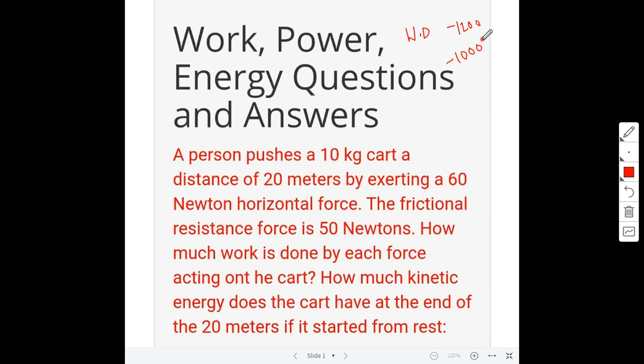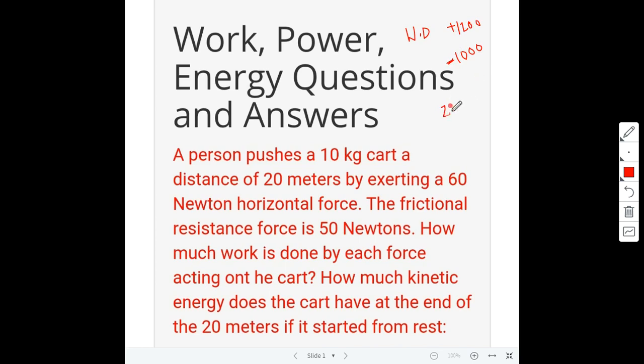So frictional force is a negative work done because it works always in opposite direction. That's why frictional work done is negative, and when a person pushes a cart, this is positive. So we have to take the total work done, and it's 1200 minus 1000, which is 200 joules.